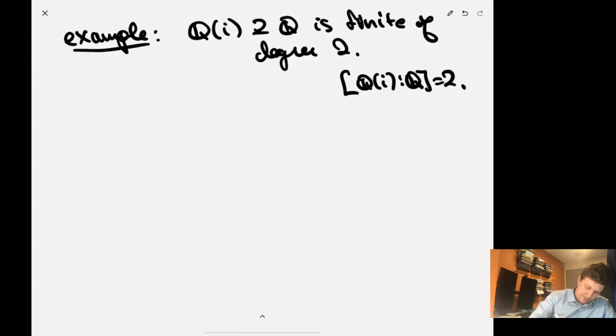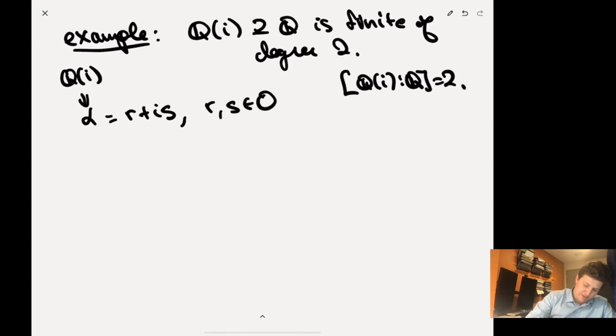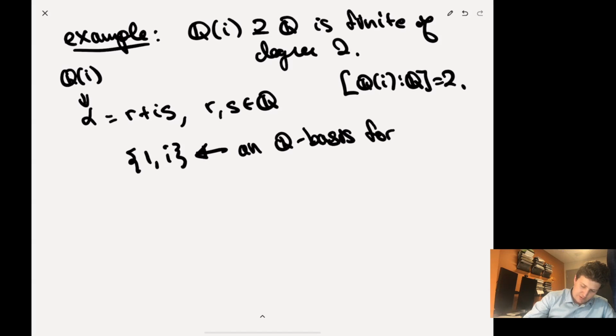Why is that? If I take an element alpha of Q(i), we've shown before that you can write this as r plus i s for r and s in Q. So 1, i is a Q basis for Q adjoin i.